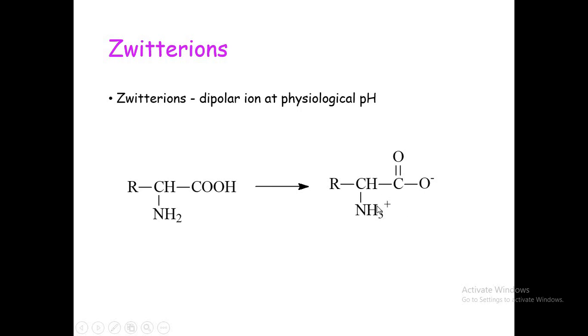Due to this ability of having both charges at a time at physiological pH, an amino acid is called a zwitterion or dipolar ion.